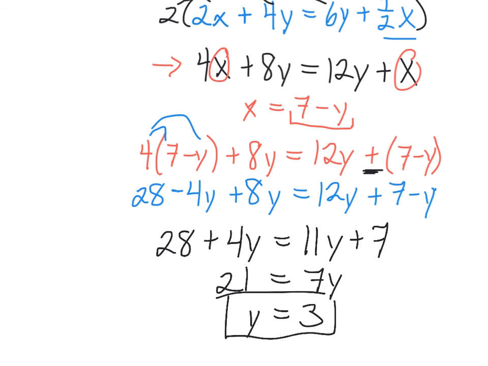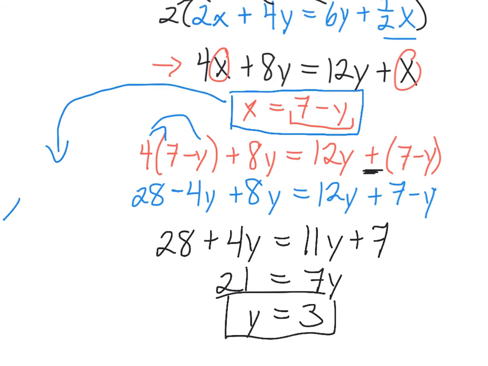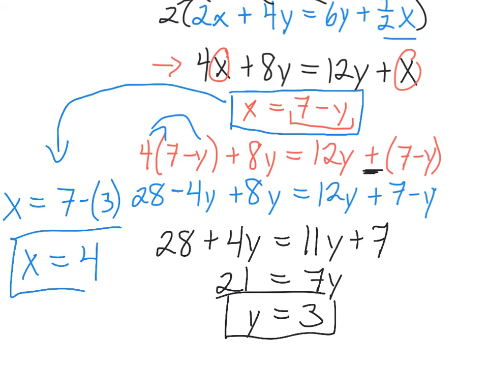So since y equals 3, I'm going to go back to this equation. And I know that x equals 7 minus y, which is now 3. So I know that x equals 4. So my final answer is going to be 4, 3.